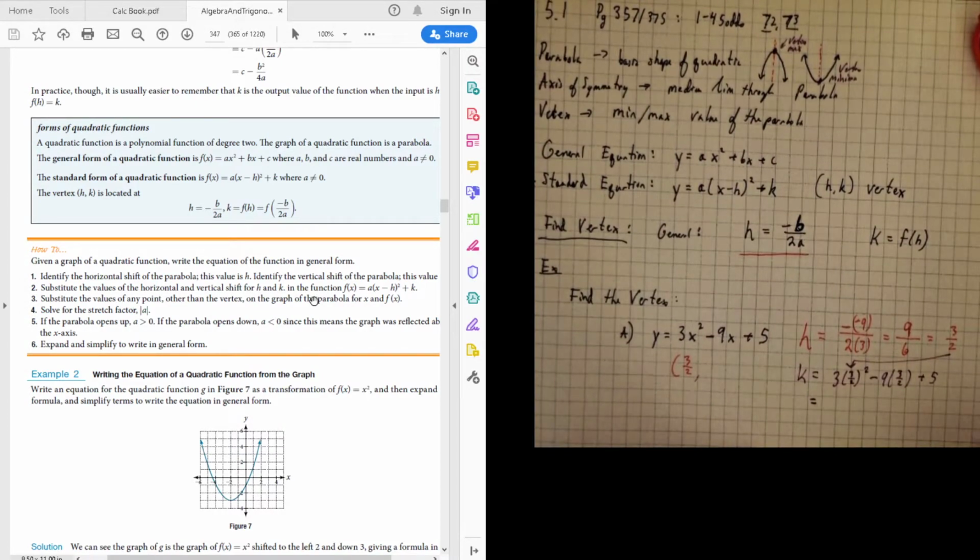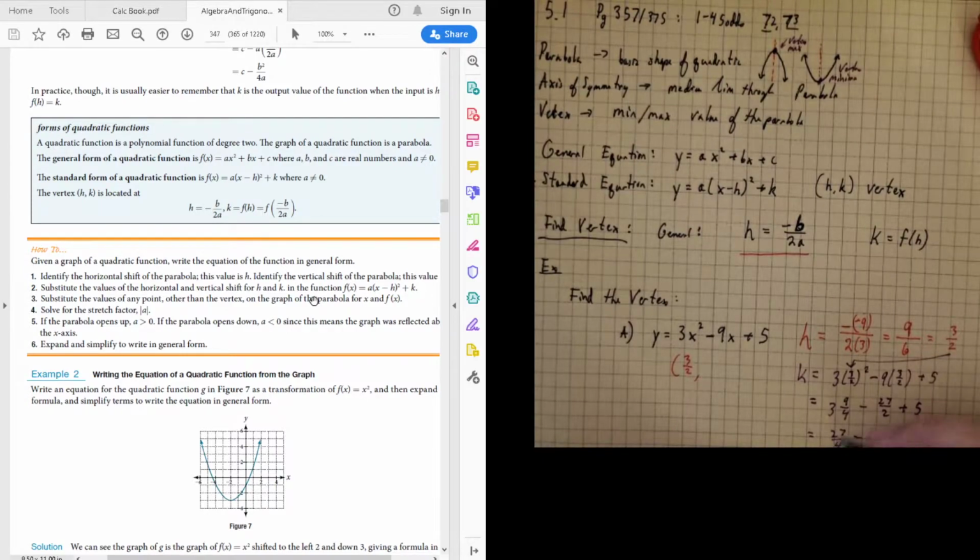Okay, so 3/2 squared becomes 9/4 times 3. Okay, 9 times 3/2, so 9 times 3 is 27 over 2, and then plus 5. 3 times 9/4 would be 27/4 minus 27/2 plus, I'm going to go ahead and convert this. Let's see.